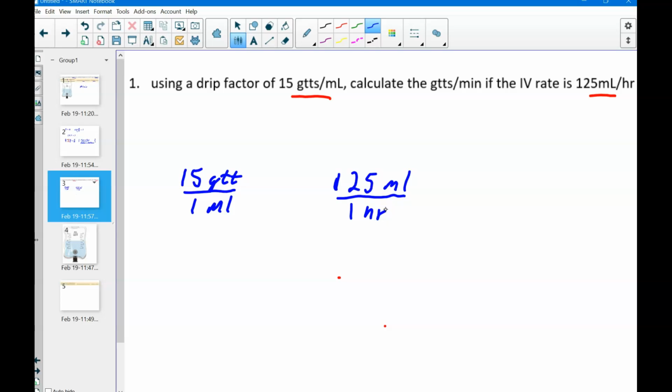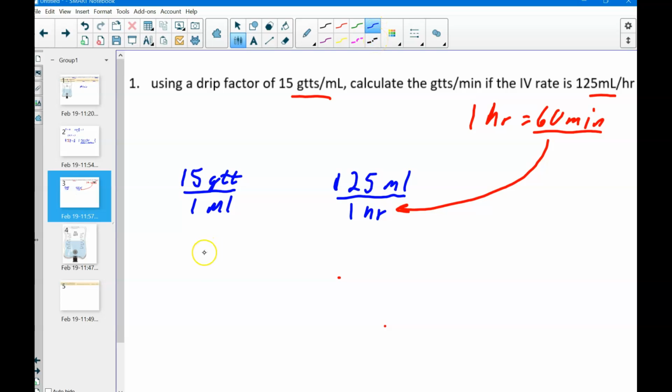Now, that's where a trick comes in. How many minutes in 1 hour? 1 hour has 60 minutes. So that means we can take this number and replace this number. Now it looks like this.